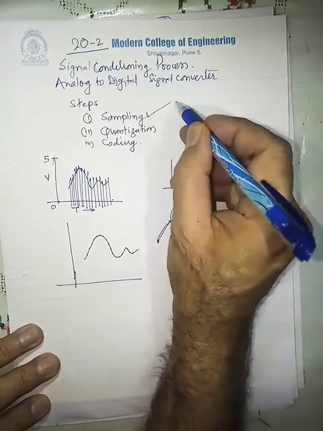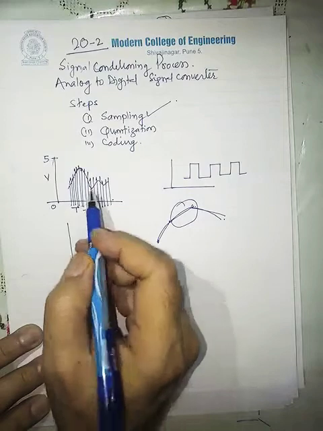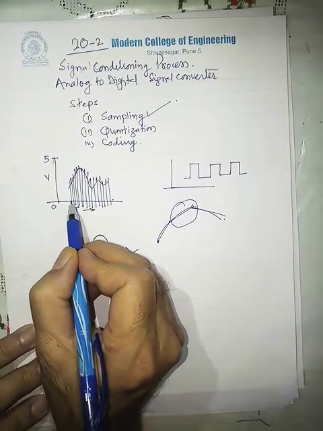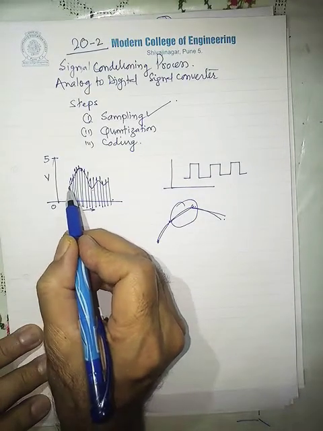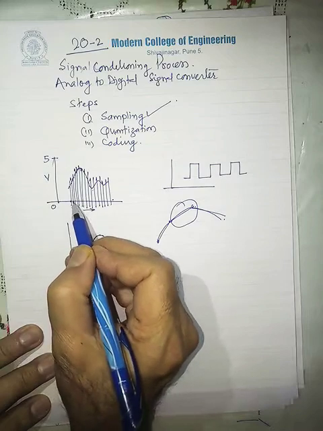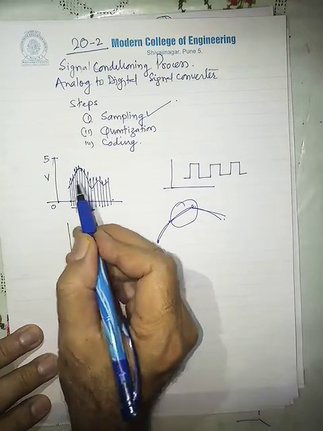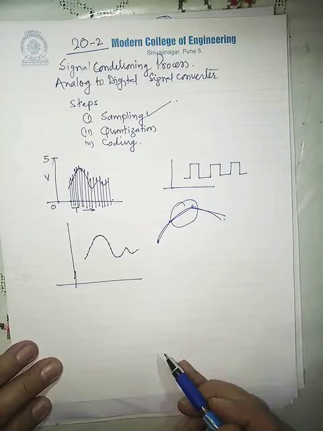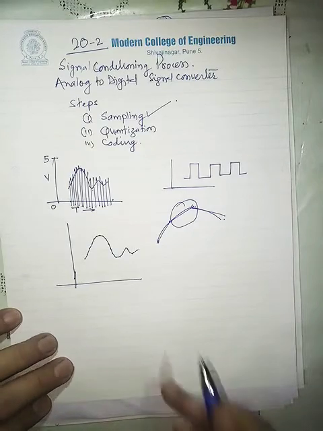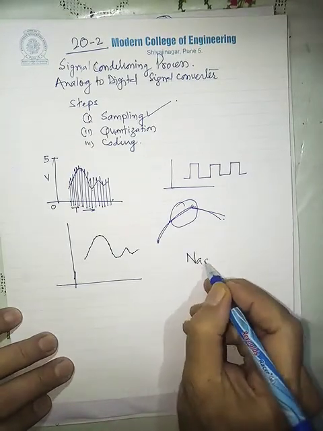Now, in the sampling process, I take samples on a real time basis. At a particular time, what was the value of this, and at another particular time, what was the value of this. This process is known as sampling. Now, there was a scientist, Nyquist.